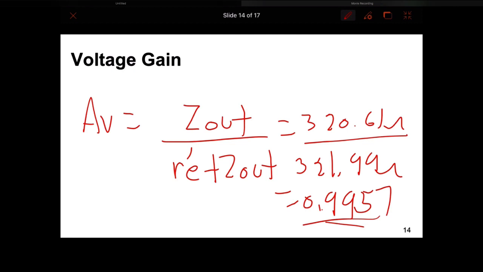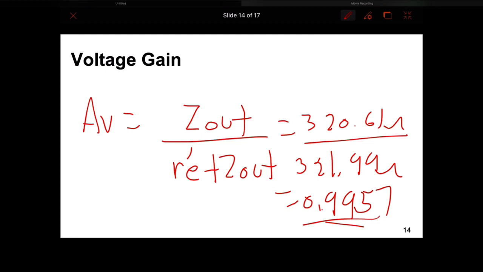This is not used to provide gain. It's used to drive lower impedance loads, which the CE amplifier cannot do. So that's the exact gain. It's actually a slight attenuation.